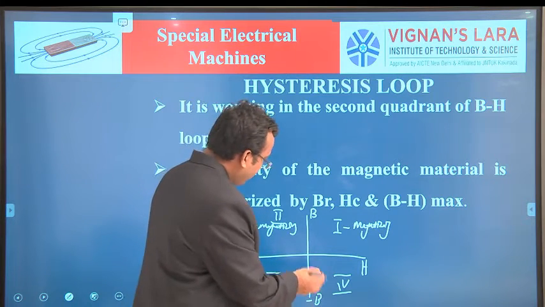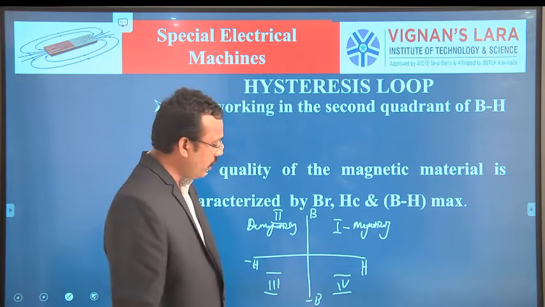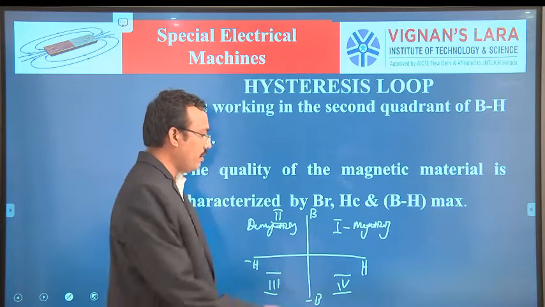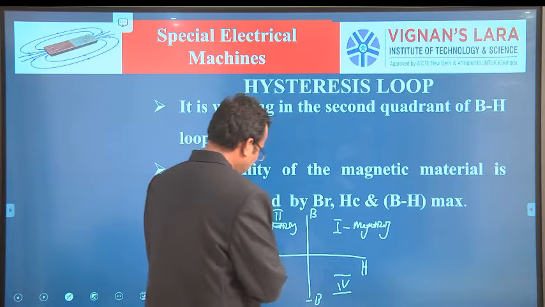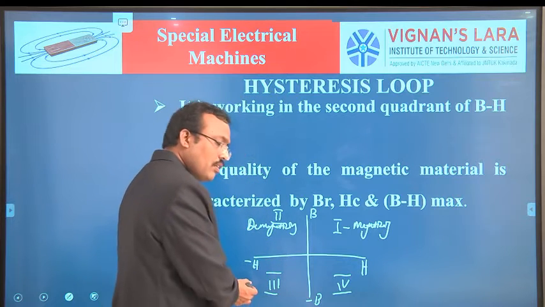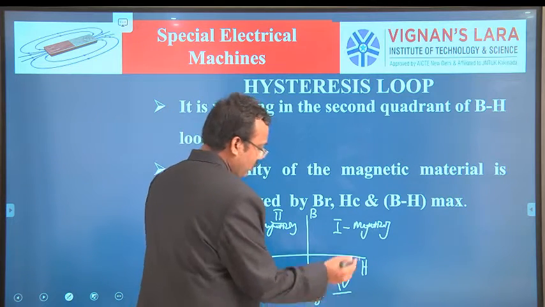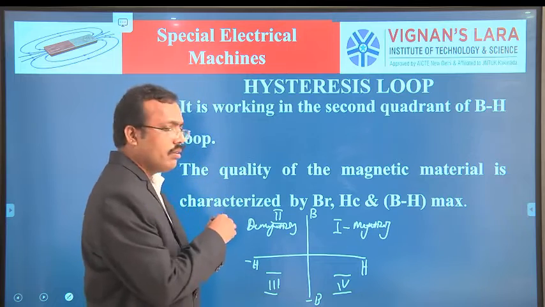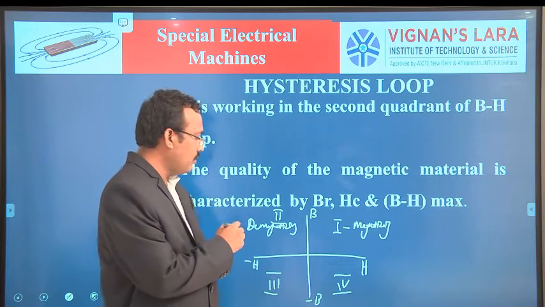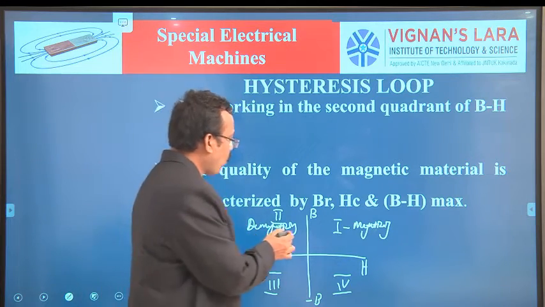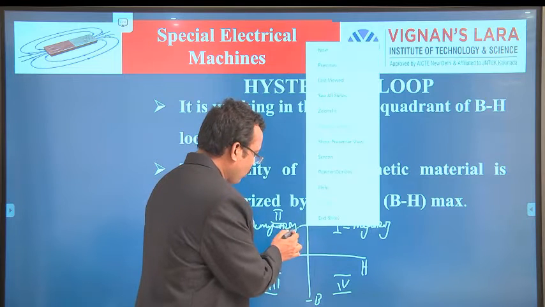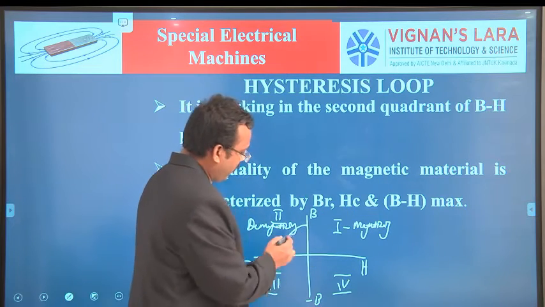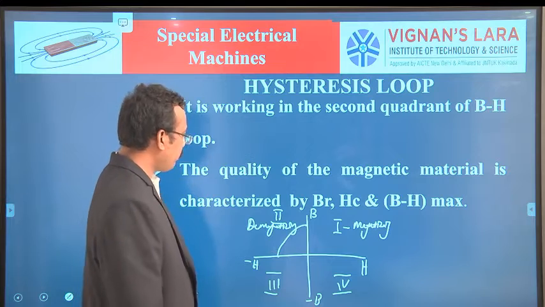The fourth quadrant is demagnetizing in the reverse direction. So all these four magnet materials work in the second quadrant of the BH loop.